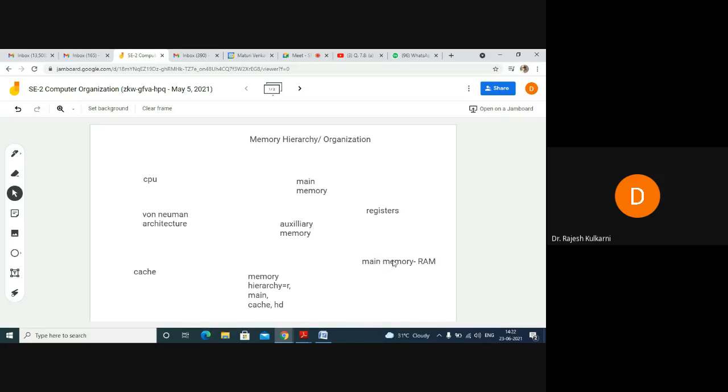And the speed of this main memory RAM is in nanoseconds. So it is fast, but not as fast as the CPU, because we know the speed of CPU is in microseconds.